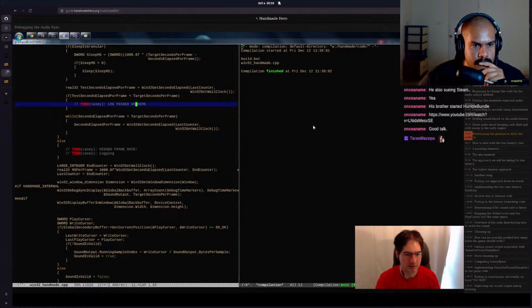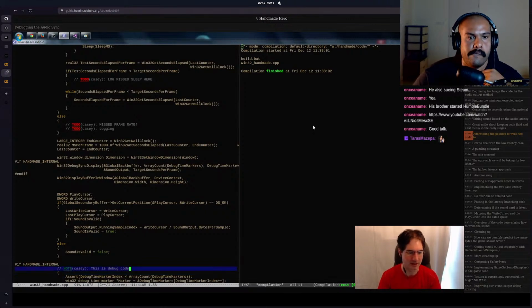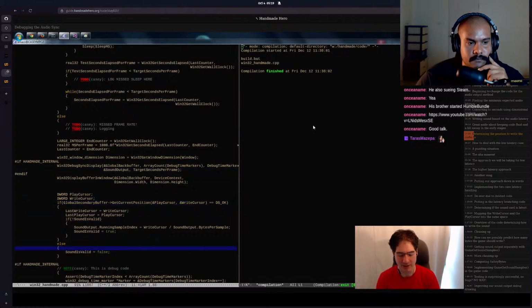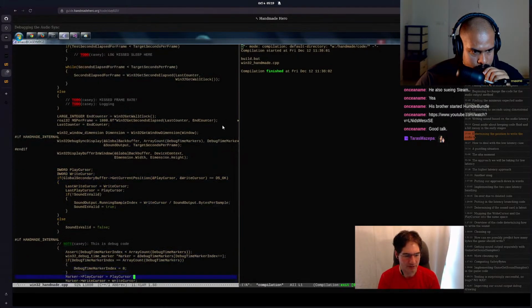Okay, sorry about that. I remember things sometimes when I'm thinking about them, and I wanted to change that because I don't ever like asserting things that are actually going to happen. That's fine. I assert things when I'm testing code, but I don't like to leave those in there. The game should never assert when you're running it. That's always just a bad thing.